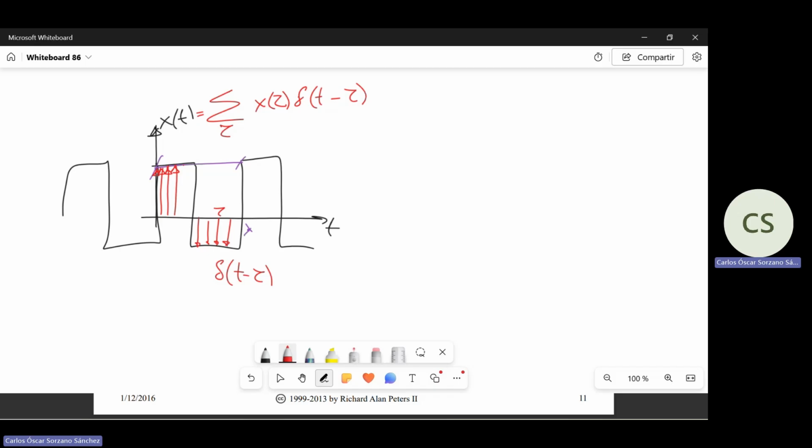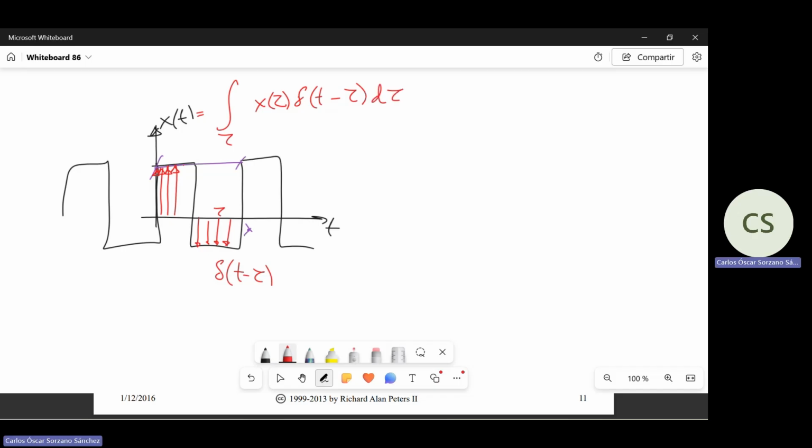So that is linear convolution. Exactly, I want to get to a convolution. So what happens? This tau is continuous, so you shouldn't sum, you should integrate over tau.